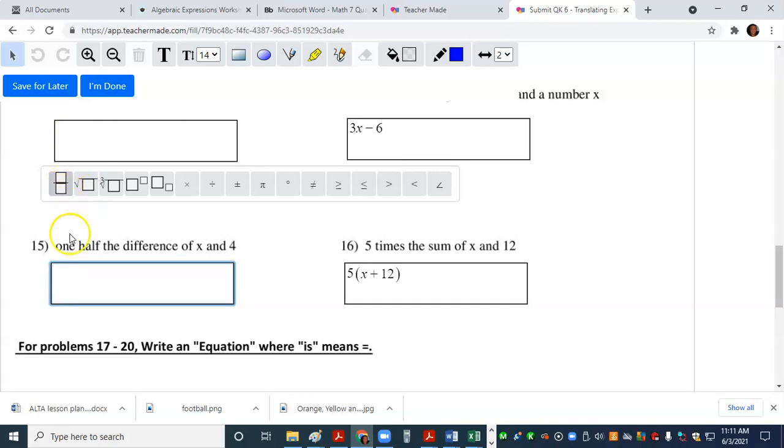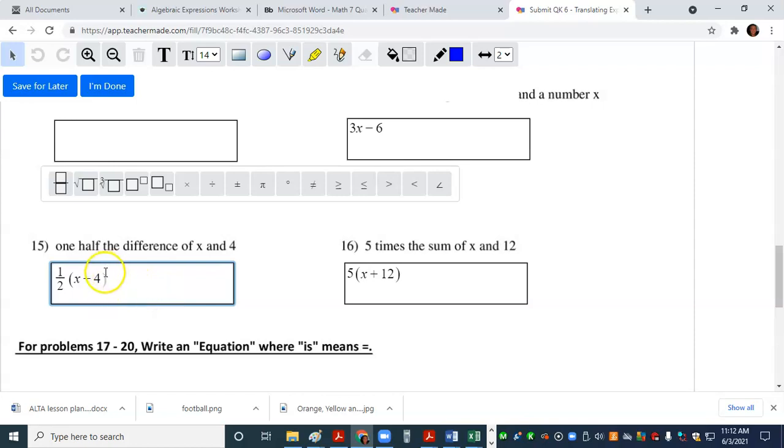So I got to go up here to my little bar, put in 1, down arrow 2. I got to put in my parentheses, but before that I got to leave the fraction. Then I got to put in my parentheses the difference. That means subtract, and subtract has to be in the order that it's given, x and 4. So it's going to be x minus 4.